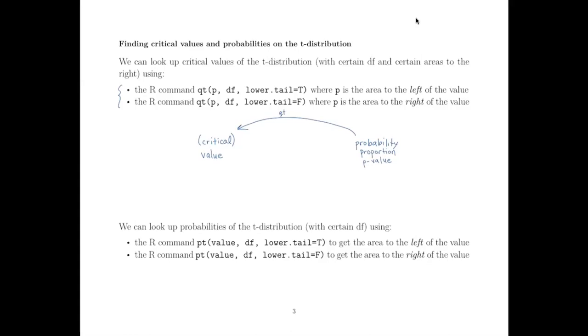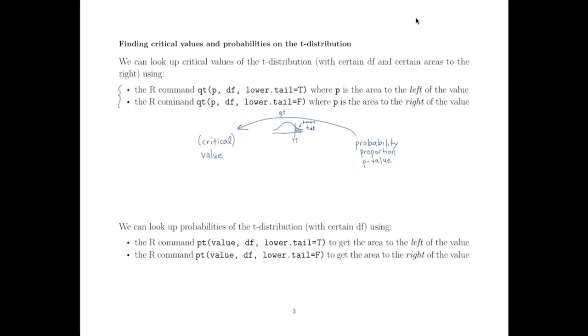Maybe I should draw a little picture here. You have your t distribution with so many degrees of freedom. This area here is known, and we're working out the actual value. You're going to need that when you construct confidence intervals, and we'll talk about that.